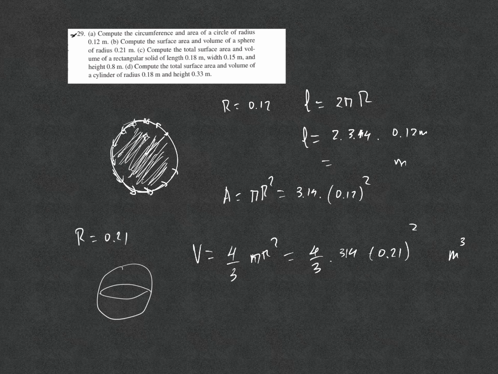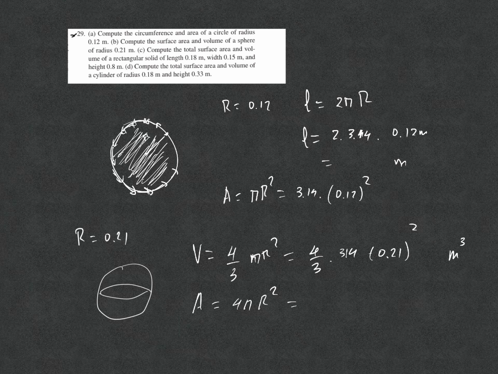Now it says the area. The area is the surface area. The surface area means the surface around the sphere, the exterior surface. The area is 4 pi r squared. This is the total area of the surface of a sphere.